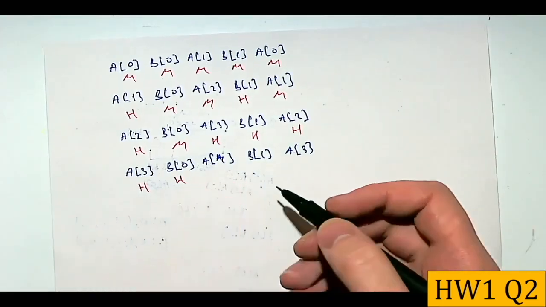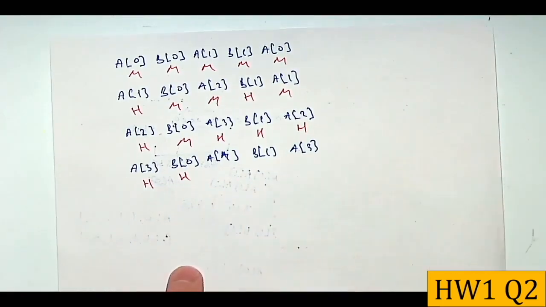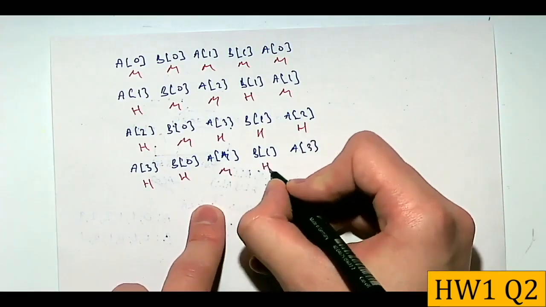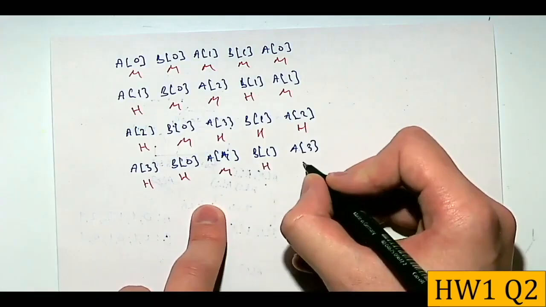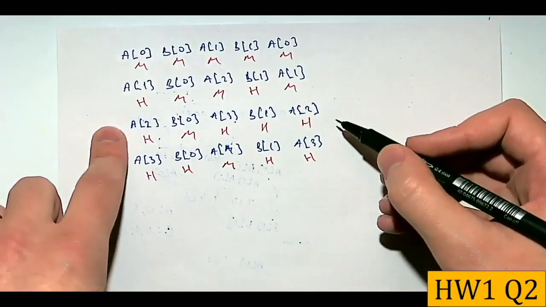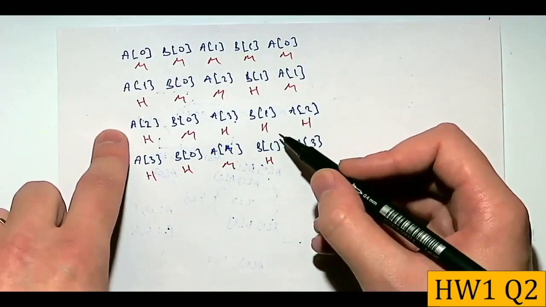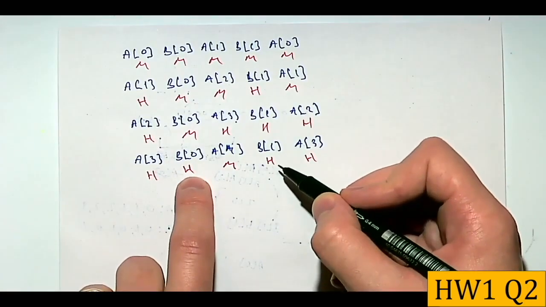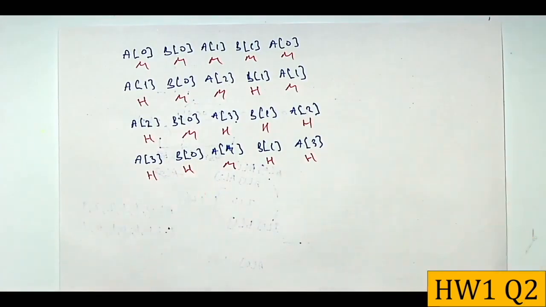Okay, A4 is a new cache block that we'll need to access. So here we'll have a miss, and then for B1 we'll have a hit. And for A3, we will have a hit. So at this point, you see that starting with this iteration, we'll always get hits for elements of B. Because they won't be evicted, we don't access A1 and A0 in those iterations.